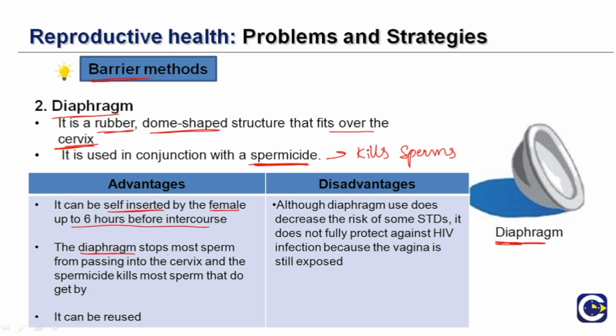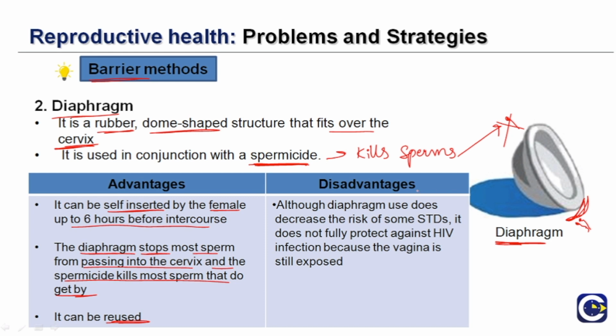Because it acts as a physical barrier, the diaphragm stops most sperms from passing into the cervix, and the spermicide kills most sperms that do get by. First of all, this dome-shaped barrier will not allow most sperms to pass through it. But if some sperms do pass through, the spermicide will kill them. Therefore, it is a very effective barrier contraceptive method and it can be reused.